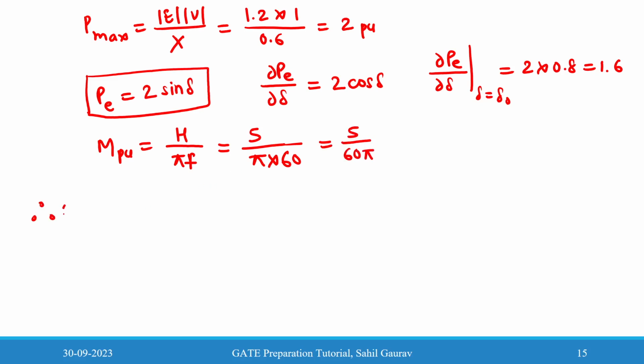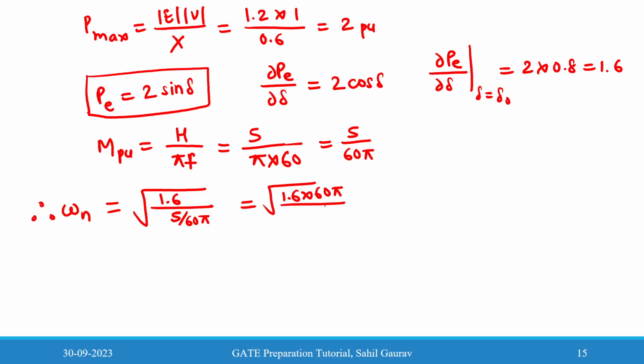Therefore we finally put all these values in omega n. We are getting del P divided by del delta naught equal to 1.6, and M value is 5 divided by 60 pi. So we simplify this, then you will get 7.7665 radian per second.